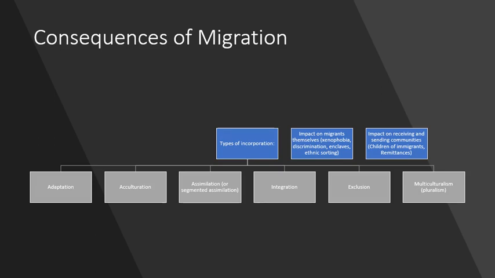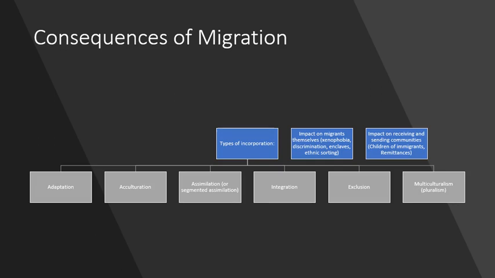Integration doesn't necessarily imply assimilation. That just means that the new group is brought into a particular society and integrated in different ways. Of course, exclusion, a form of discrimination, has been another outcome of migration.